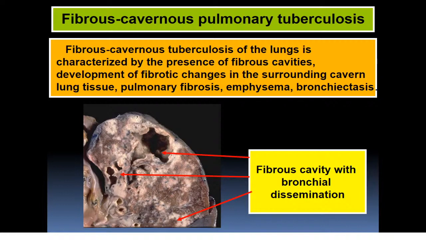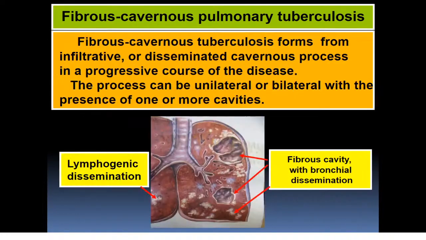These are caseous foci of dissemination. Fibrous cavernous tuberculosis forms from infiltrative or disseminated cavernous process in a progressive course of the disease.